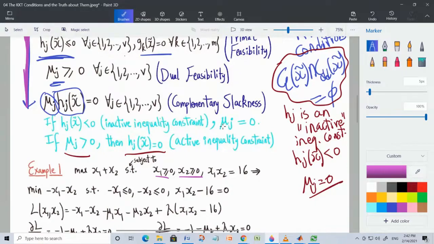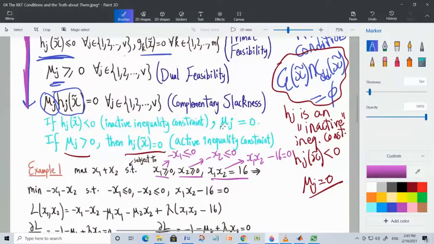So we can write this one as minus x1 less than or equal to 0, this one as minus x2 less than or equal to 0. We want our equality constraints to be a function equal to 0, not a problem. I can write down this constraint as x1 x2 minus 16, so this will be my function of x1 and x2 equal to 0.